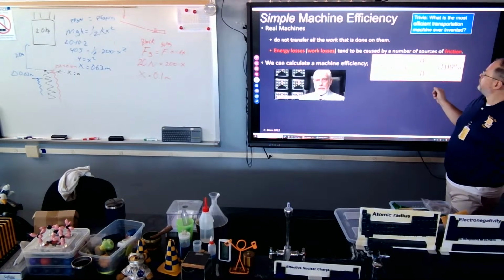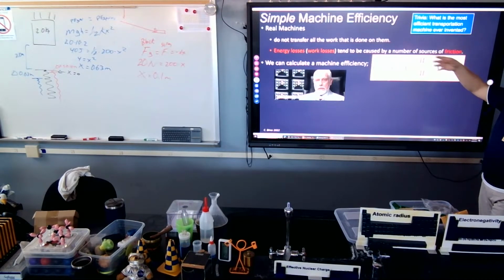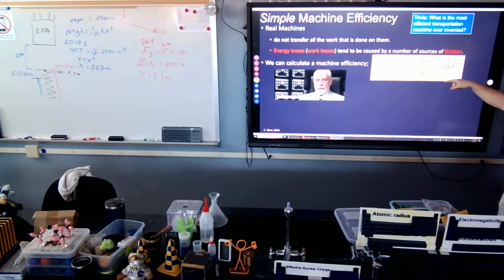The efficiency of a machine is quite simply the work it gives out divided by the work it gives in, again taking into account friction forces. If I have to put in 1,000 joules, but I only get out 900 joules, it's 90% efficient. Pretty simple, I hope.